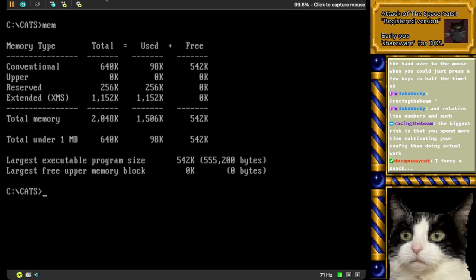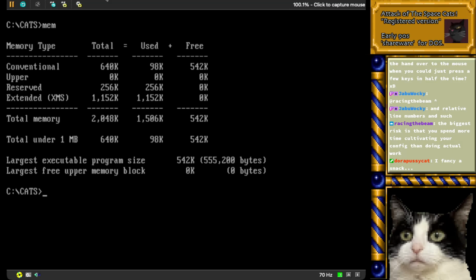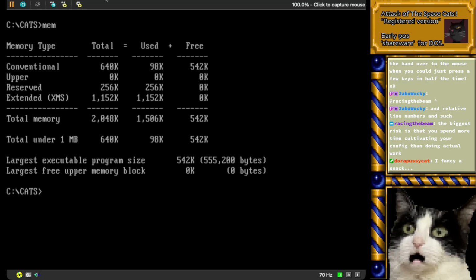And the DPMI will use the conventional memory as well, and actually, the XMS plus conventional memory would be enough, but then minus the size for the EXE is not going to fit.